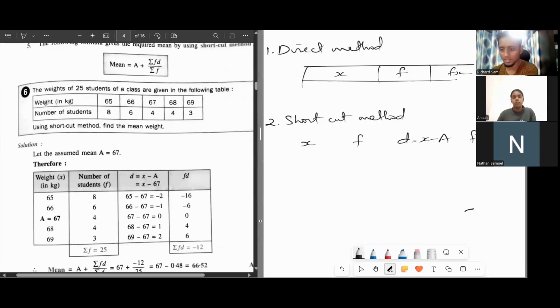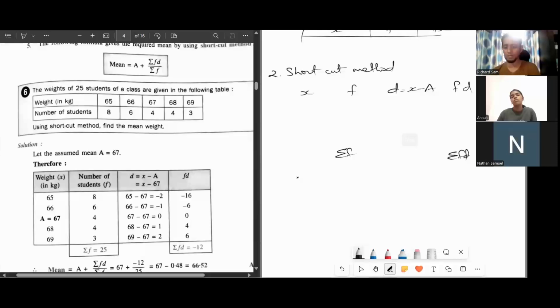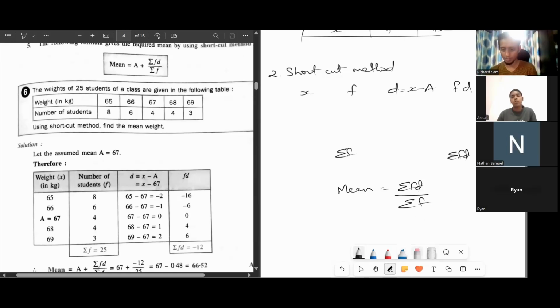So then you find summation of FD and you find summation of F. And your formula to find the mean is summation FD upon summation F. And see, here we minus A, right? So here we have to plus A. Okay, put that in the beginning itself. Mean is equal to A plus this value.